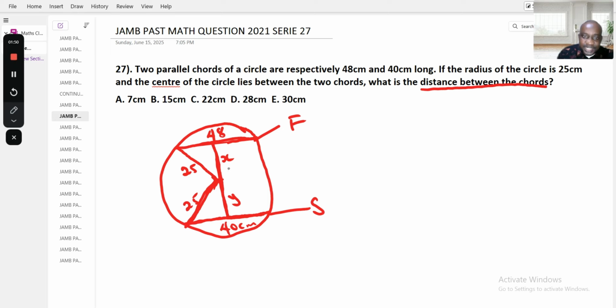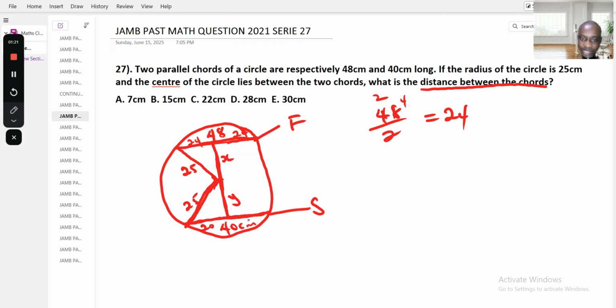What I am going to do here is divide this 48 into two. 48 divided by 2 gives me 24. It means from here to here will be 24, and here will be 24 as well. If I divide this 40 into 2, it gives me 20, 20.